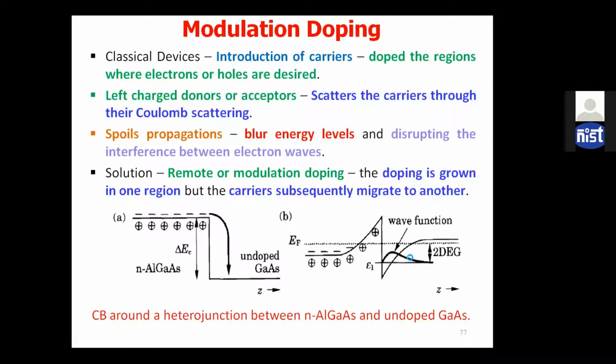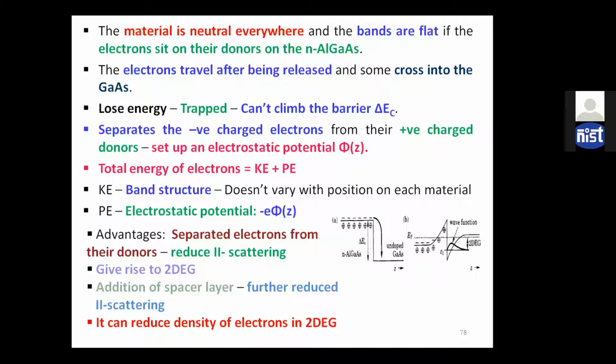Now the material is neutral everywhere and the bands are flat if the electrons sit on their donors in the N-AlGaAs, where you dope here. If the electrons are present only in the donor region, then the energy band is flat.